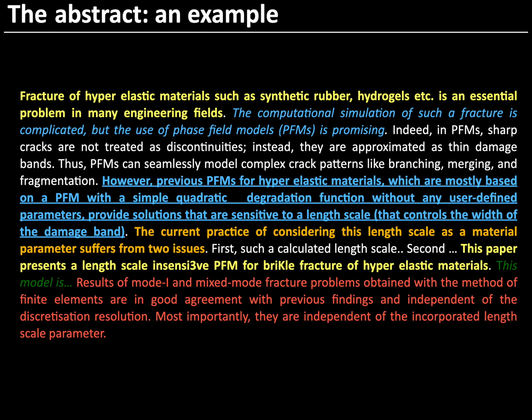What's wrong with the previous phase field models? Here the word is previous, not existing. Existing is wrong because your paper is existing as well. So it should be before your paper. So previous models have this problem.